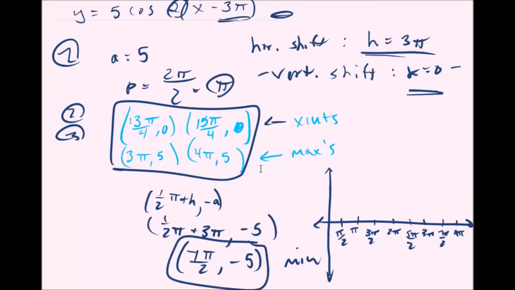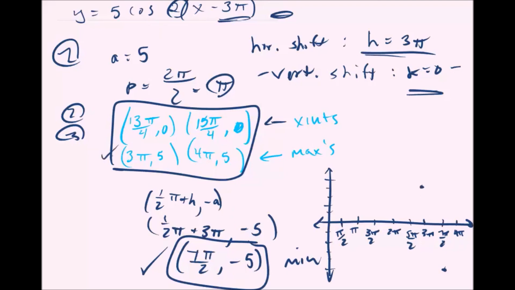Our first point, it doesn't really matter what the first point is, we just start plugging them in. So we have 7 pi over 2, comma negative 5, we have a point here, check that one off. 3 pi, comma 5, so 3 pi and then go up to 5, that's one of our maxes, so that makes sense.